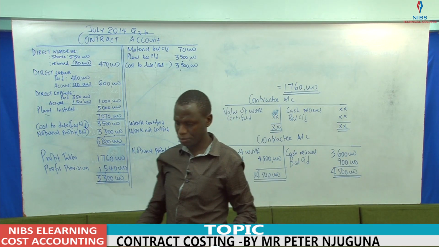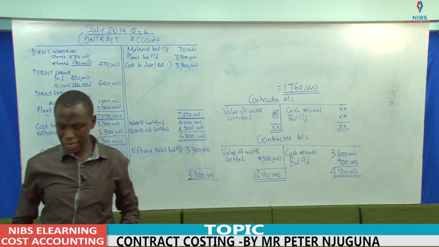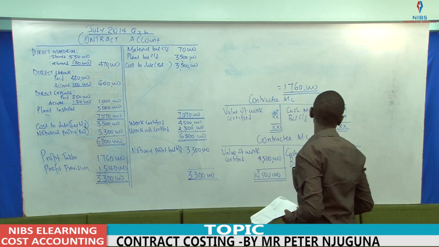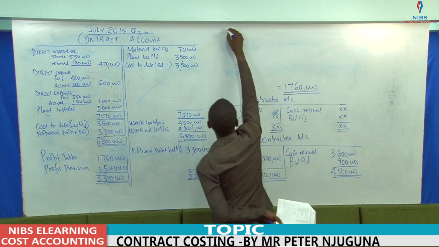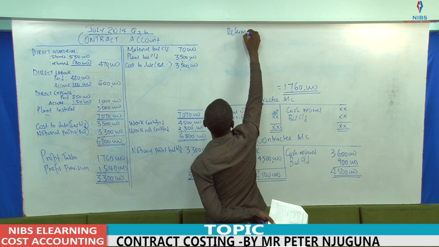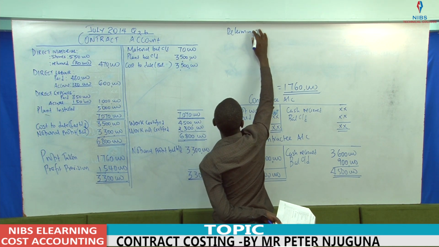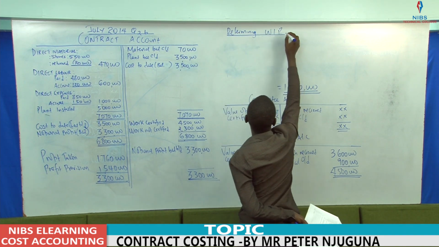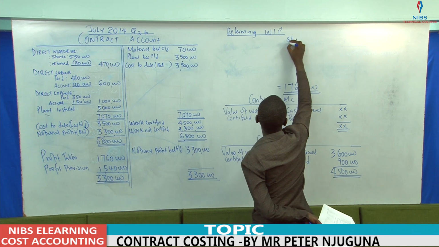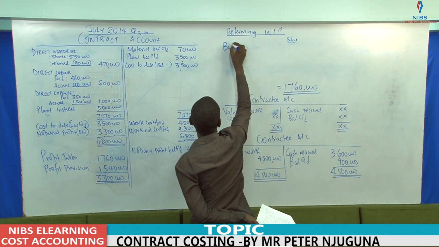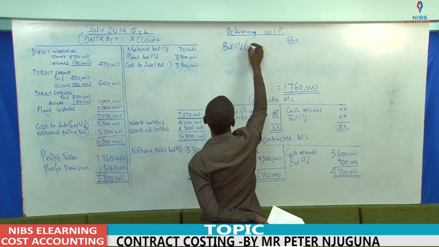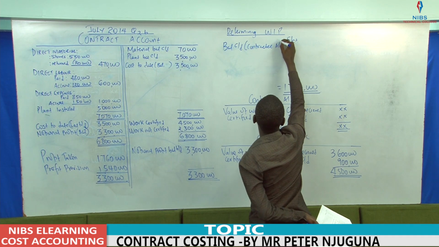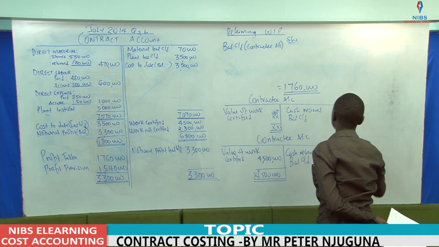So we are going to determine work in progress. We shall have the balance carried down as per the contractee account.